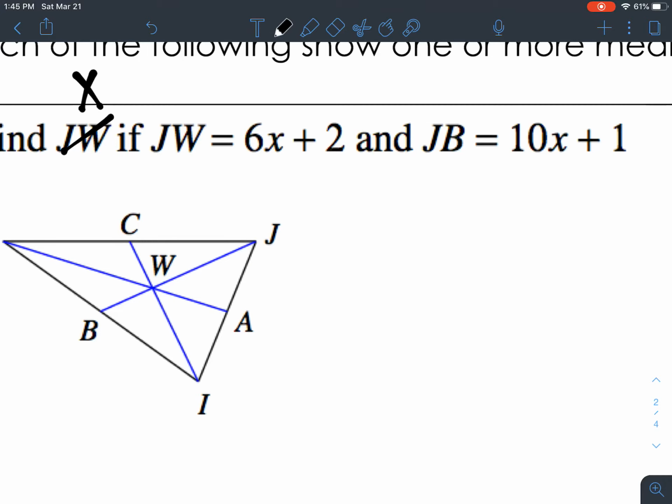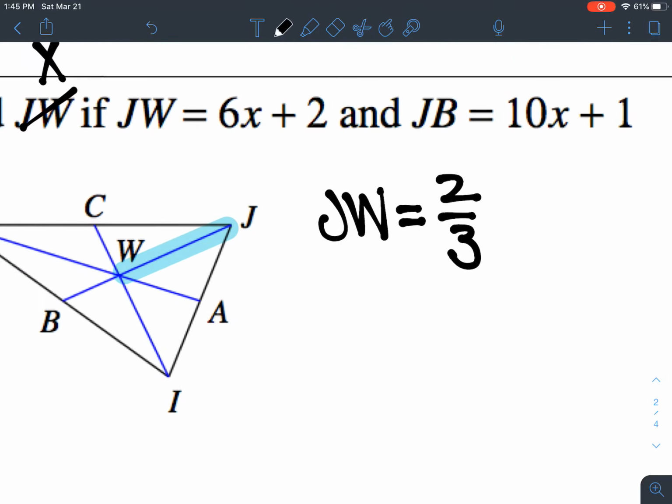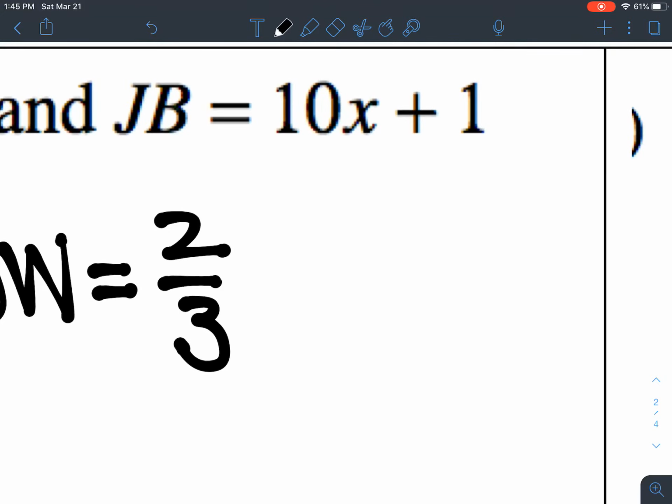JW is the long segment within that full median. Long segments get the 2/3. So the length of JW is equal to 2/3 the full segment, and the full segment is JB. Remember, fractions always get the full segment.